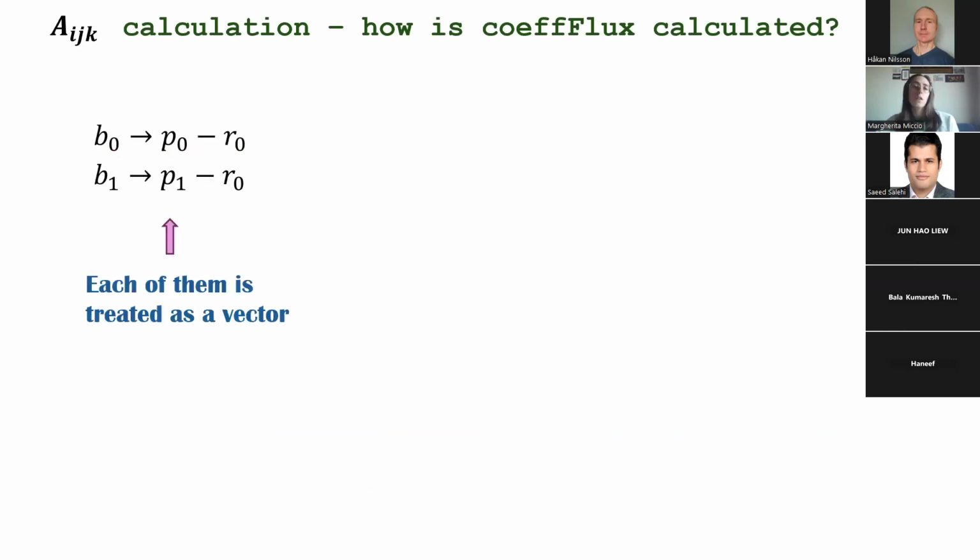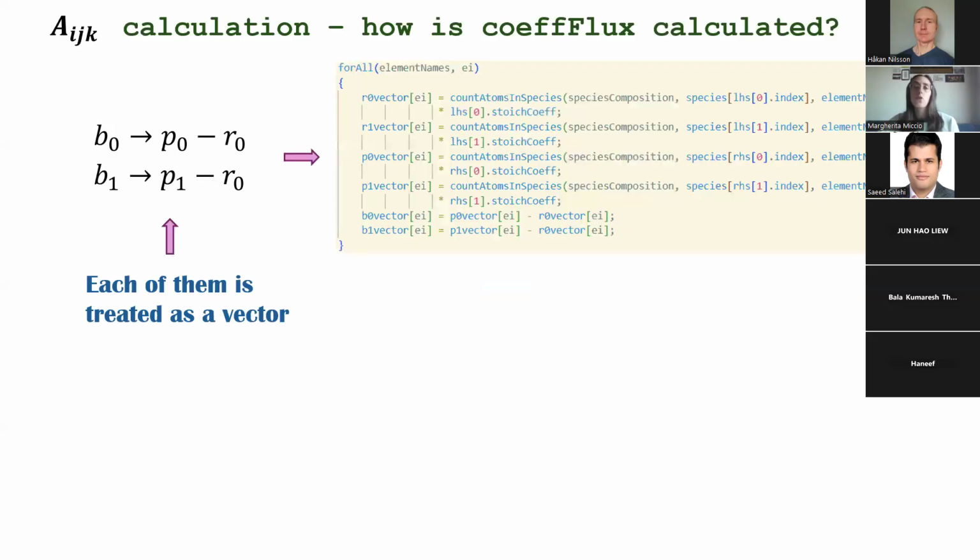At this point, we can observe that this group transfer can be treated as a vector, because it has the same number of components as the number of elements involved in the reaction. So from the code perspective, we will treat it exactly as a vector with the number of components equal to the number of elements in the reaction.